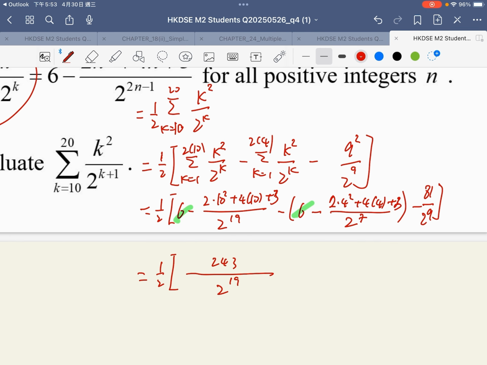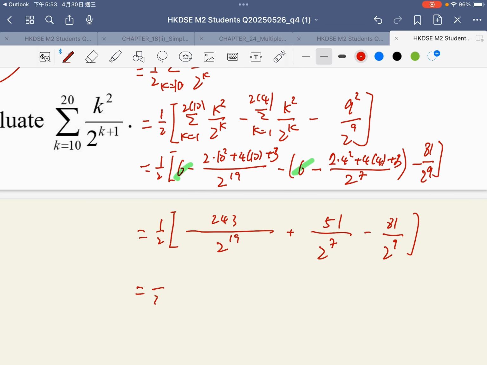Yes, 243, and here plus 2 to the power 7. It is 51. I double check here. Yes, 51. And the last part is 2 to the power 9, 81.